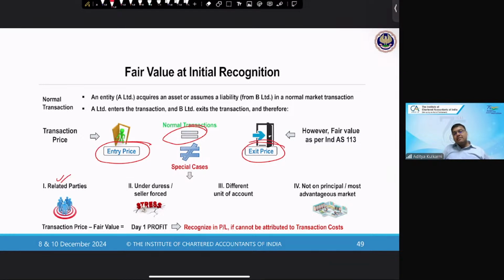So there is a chance that I will pay him more than the fair value. Yes or no? There is a chance I will pay more than the fair value, and therefore, my whole point is that the entry price will not be the same as exit price in the case of related parties. The exception is when it is at perfect arm's length. So this is first.